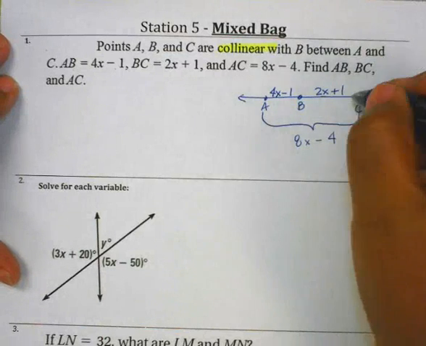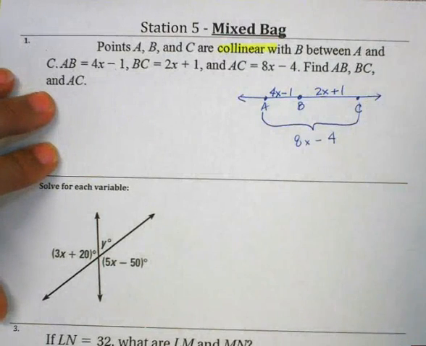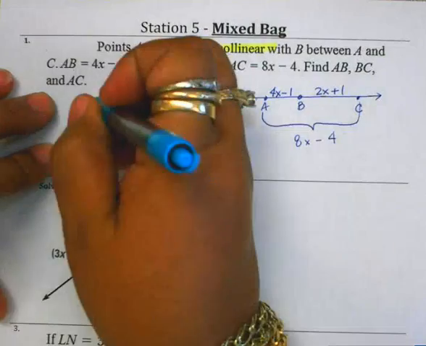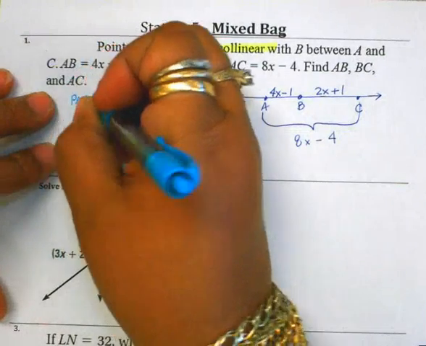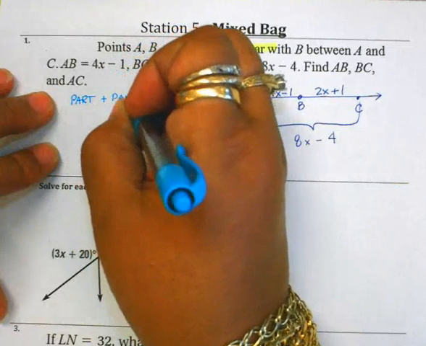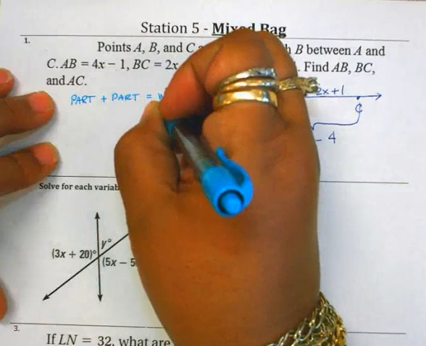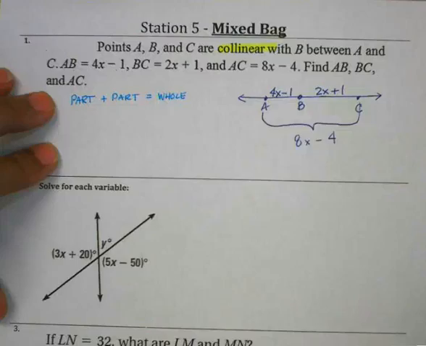Now if you see here, this is parts of a segment. We're doing segment addition postulate. So I'm going to write part plus part equals whole. My first part is AB.